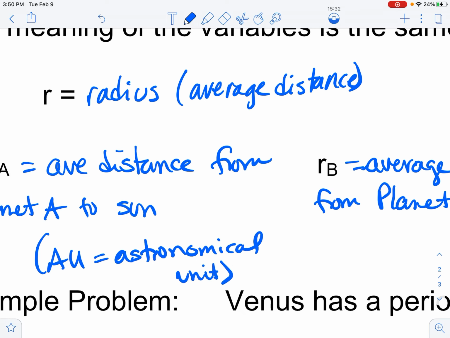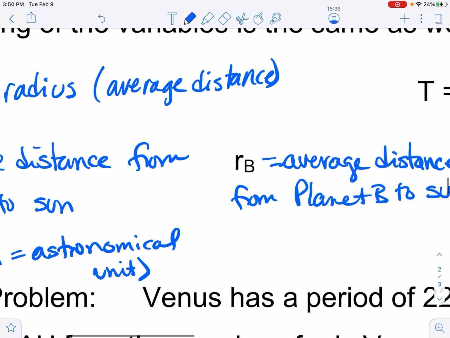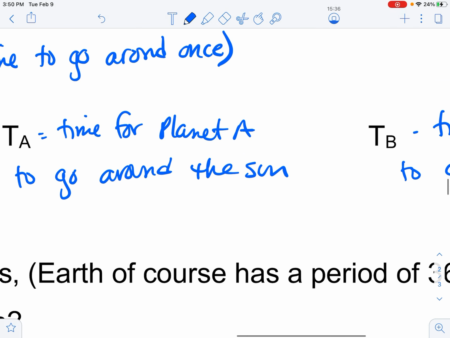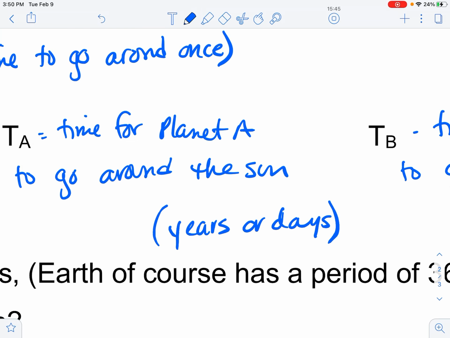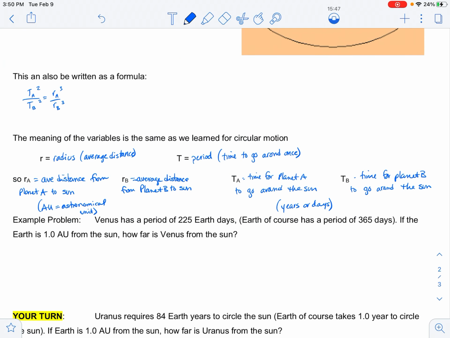Okay, and you can just think of that as a measurement of length. Like meters or kilometers, we're going to use astronomical units. And for period, we're going to use years or days as our period. We could use minutes or seconds, but that's a lot. Those are big, big numbers. So we're going to use years or days here.